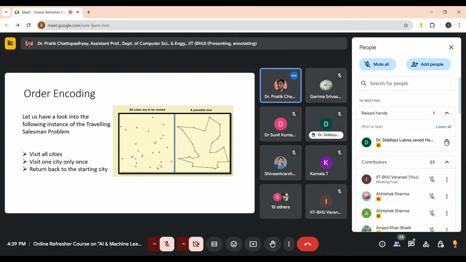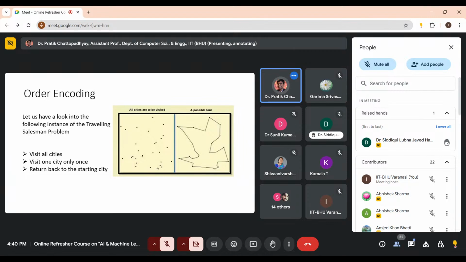We have a starting city. From there we visit all other cities and then we come back to the starting city. So the problem says that we have to visit all the cities only once. Each city cannot be visited two times, but our total distance traveled has to be minimized.